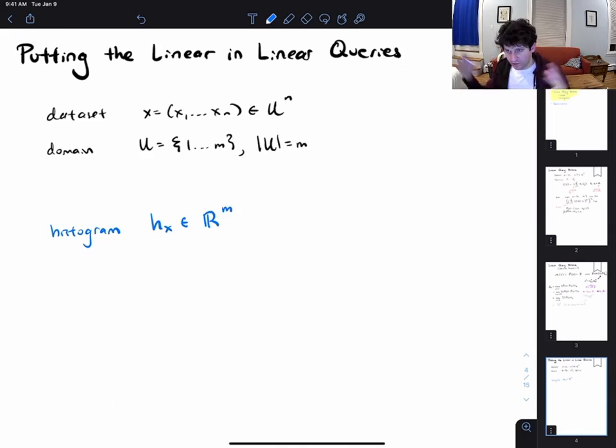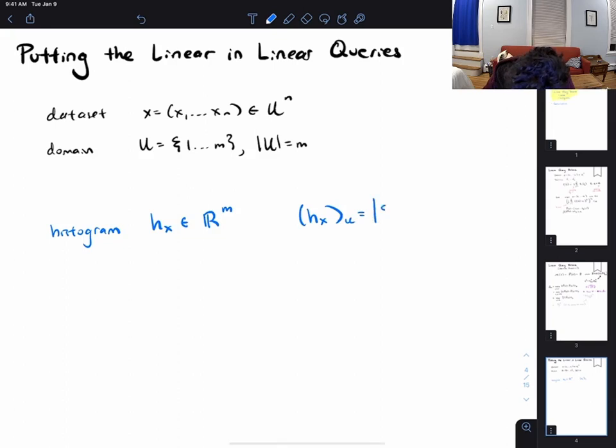It's a vector of length m, where m is the number of possible domain items, defined as h_x of u equal to the number of j such that x_j equals u.